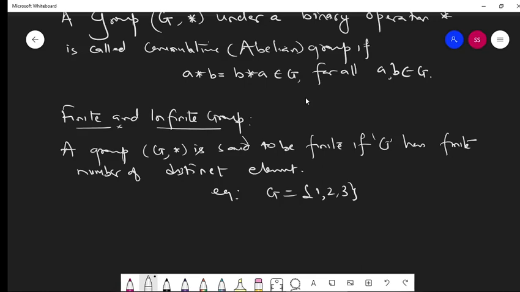And for a group, we can write the operation as well.